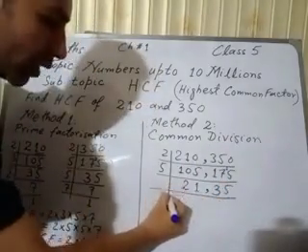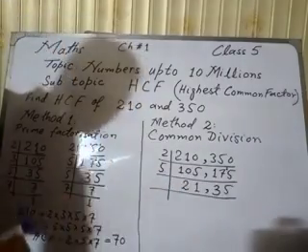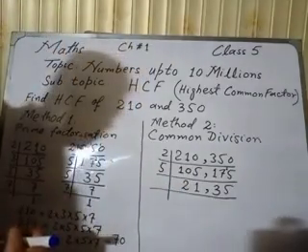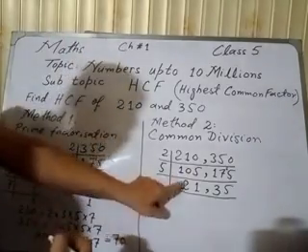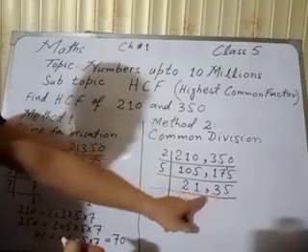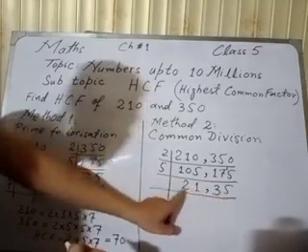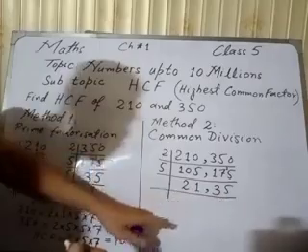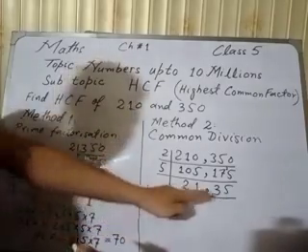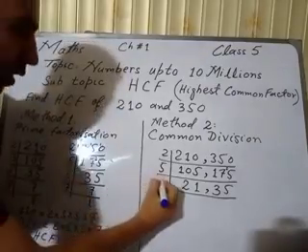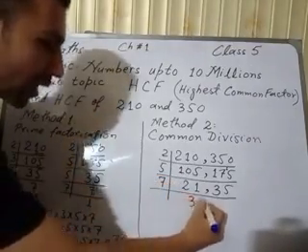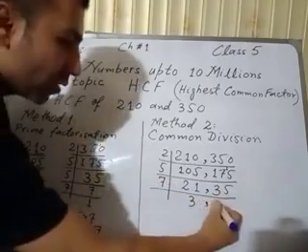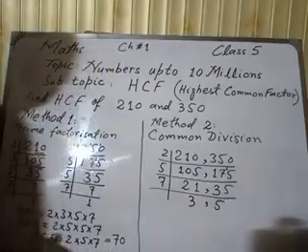Now any number which can divide both numbers: 3 can divide this number but not this number. 5 can divide 35 but 5 cannot divide 21. So we have to check the number which can divide both numbers. So in the 7 table, 7 threes are 21 and 7 fives are 35.